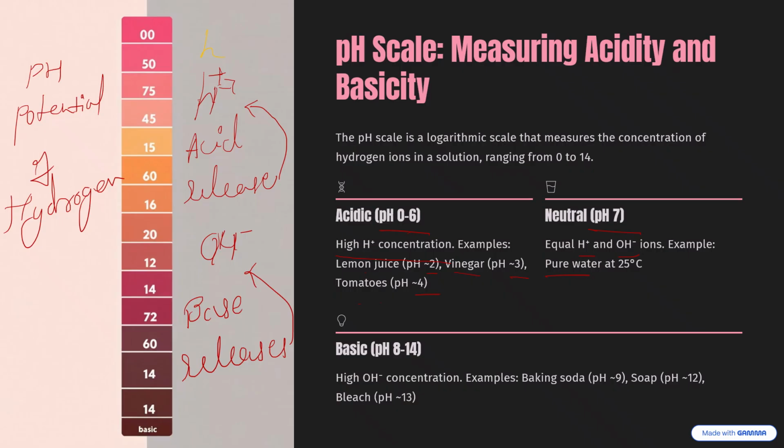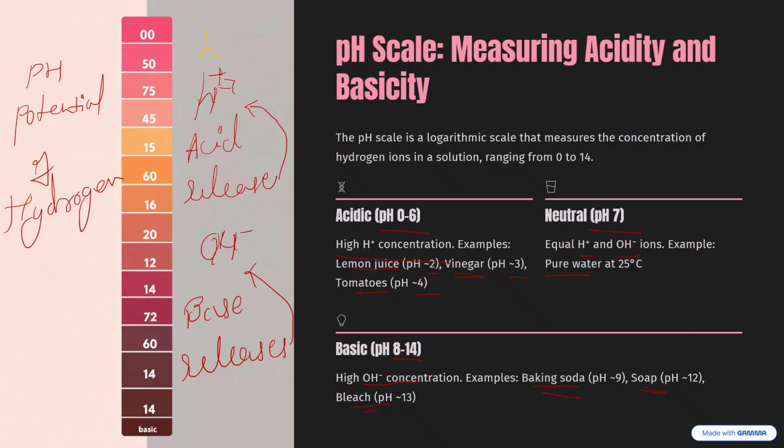Next, the base starts from 8 to 14, that is high hydroxide ion concentration, like baking soda, soap, bleach. We can easily use baking soda, soap, bleach in the quantity we want, up to a certain level. Lemon juice, we cannot use more. Vinegar, no.